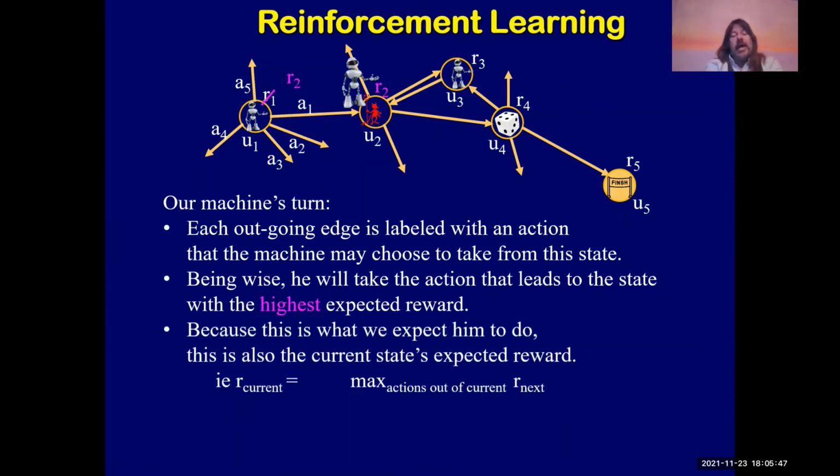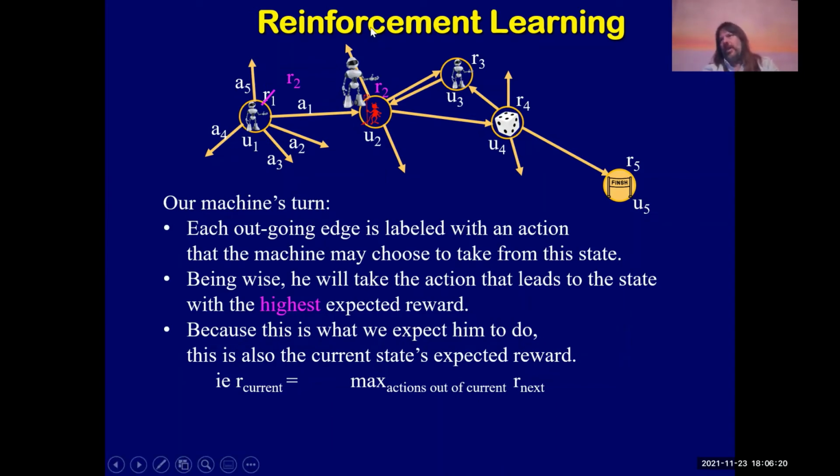And now, given that we know that's what the player is going to do, we know the player is going to move from state 1 to state 2, so we can define what value R1 should be. What value should it have? It should have the value equal to the maximum of its neighbors.